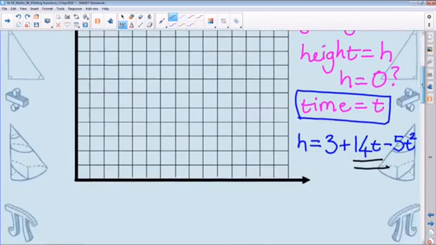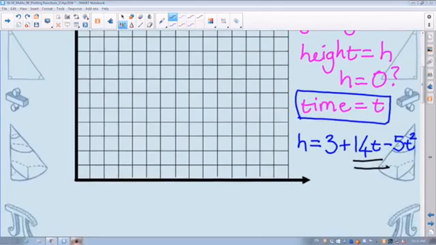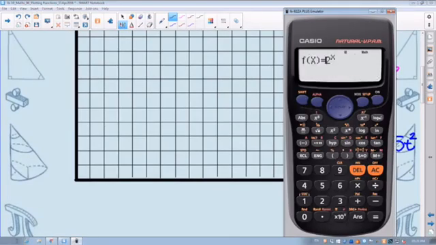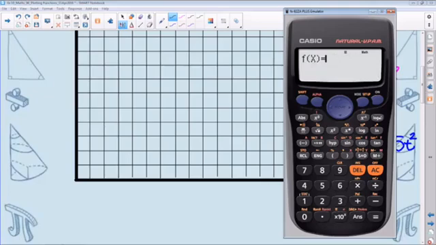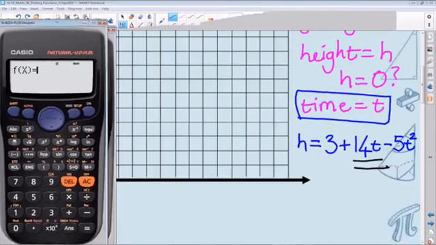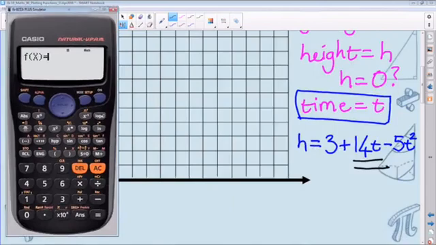So I'm going to use my calculator to help me plot this point by point. Let's clear it all, and I'm just moving the calculator to this side, where we'll go 3 plus 14, and t is kind of like x, so I'm just going to put x in, and then minus 5 and alpha x squared.